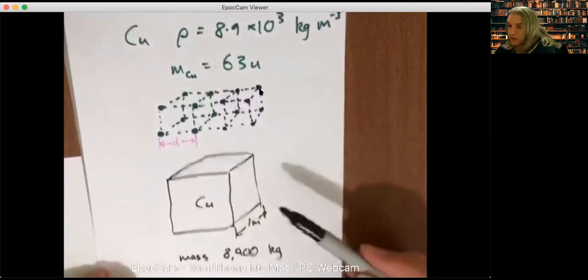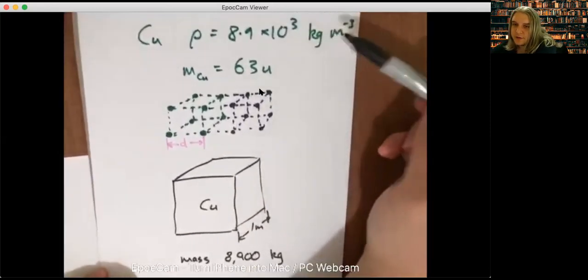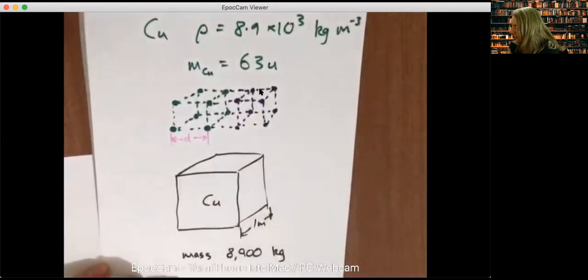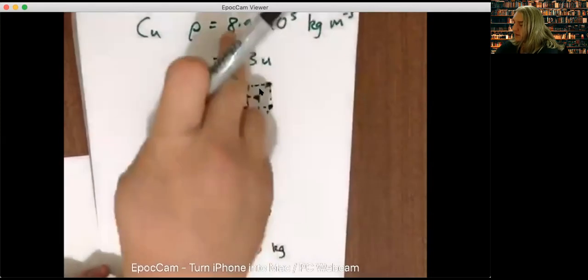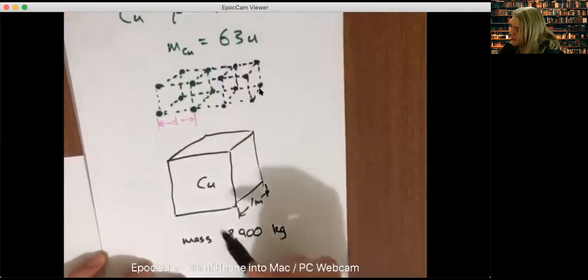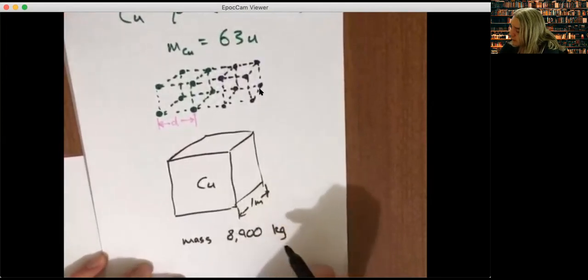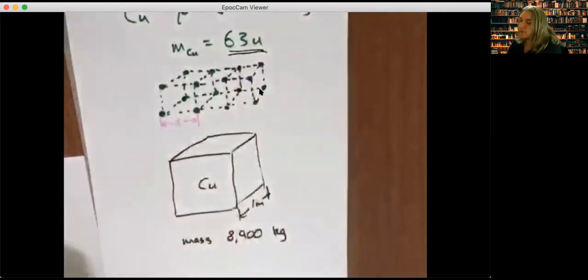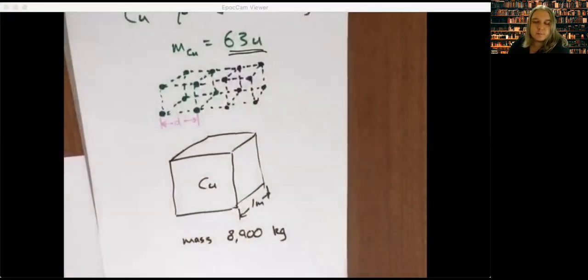So the reason I chose a cubic meter is because our density is obviously kilograms per cubic meter, and it makes this calculation very easy. We've now got 1 cubic meter, which means the mass is exactly that density value, but in kilograms. So we've got 8,900 kilograms, and that can actually tell us how many atoms there are, because we know that each atom has a mass of 63 atomic units.